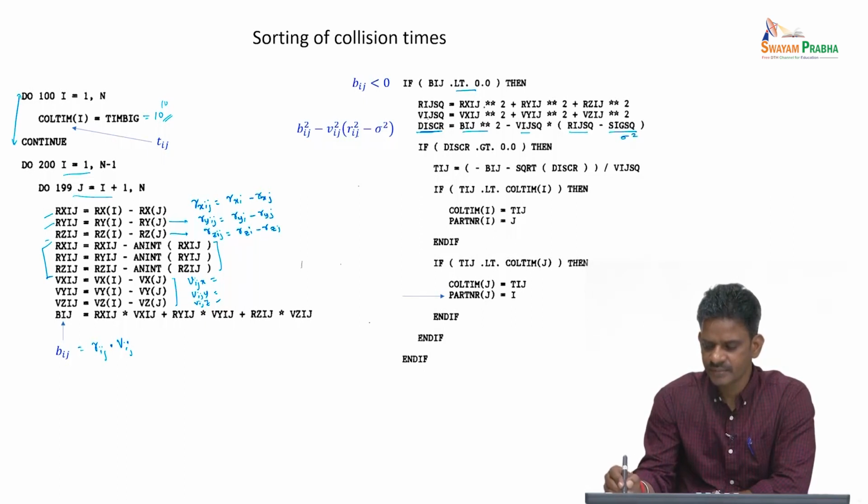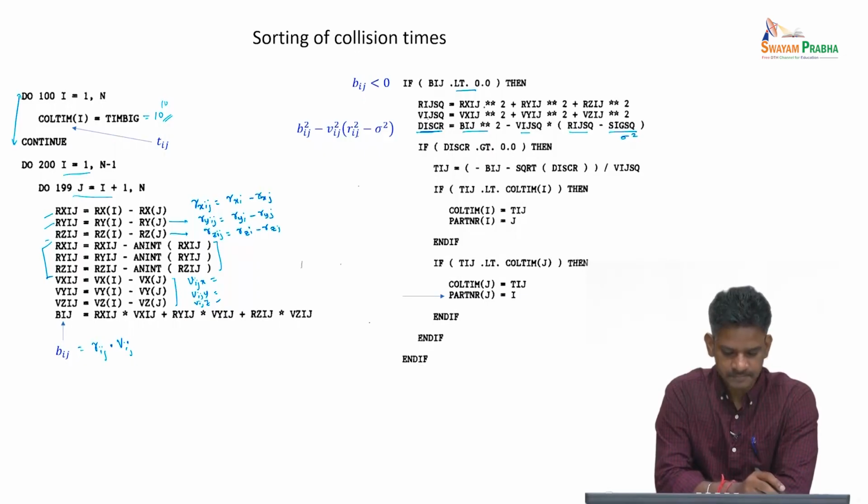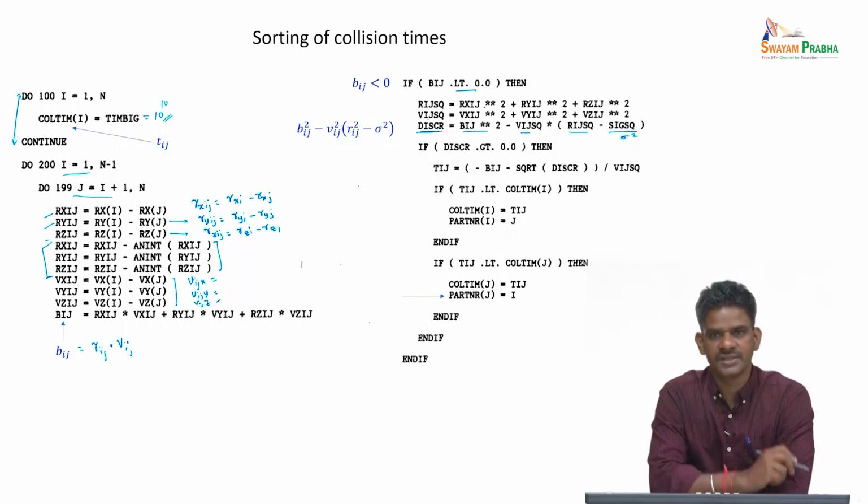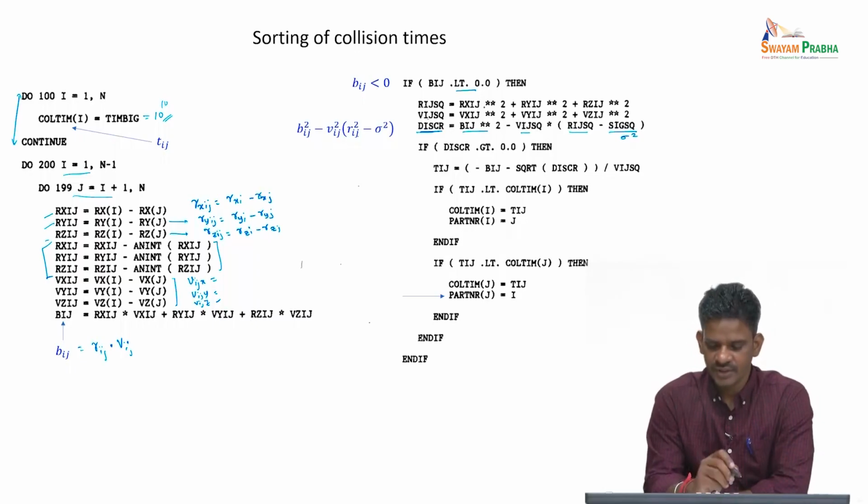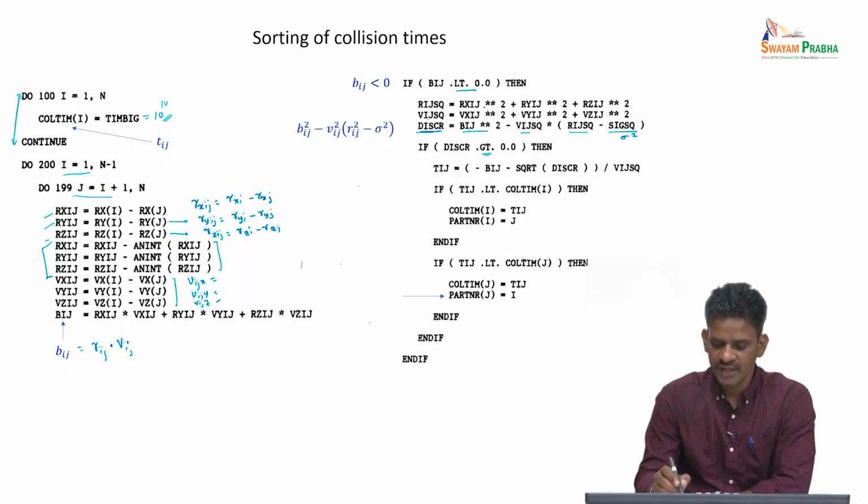This is sigma square, and this Rij square is obtained by squaring Rxij, Ryij and then Rzij. So, we are able to get this quantity, and then we check whether this number is greater than 0 or not. Only when these two conditions are satisfied, we go on to calculate the collision time Tij for the pair i and j using the smallest root.